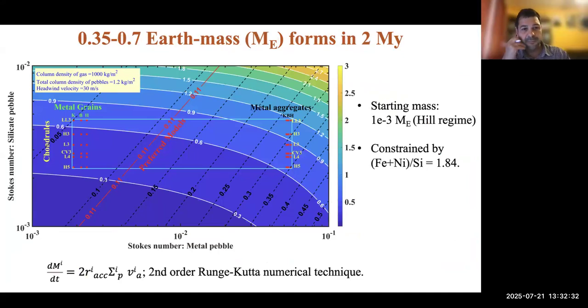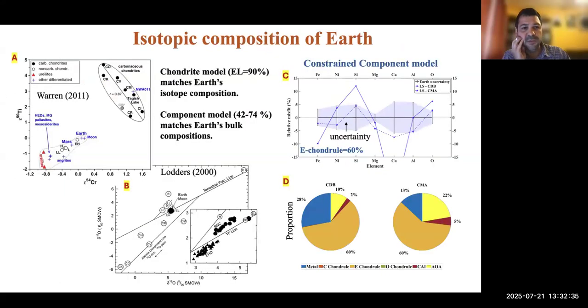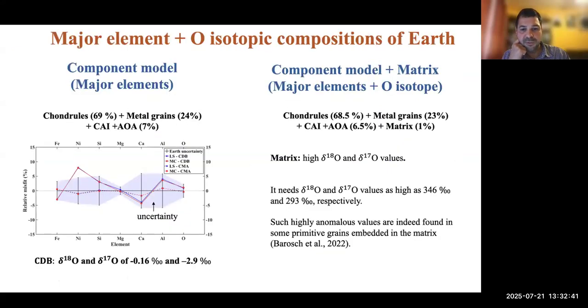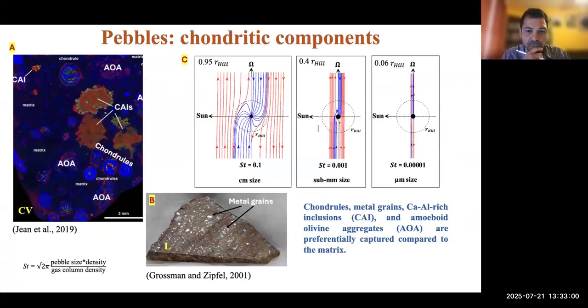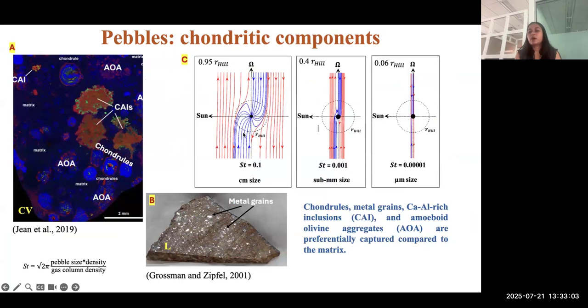One question. I think I missed one thing here. Your conclusion is that adding a little bit of matrix material to the Earth fixes the isotope problem, which is great. But as you were explaining before, I thought that you said that adding matrix did not fix the issue. So what's going on? When I start here, I say that matrix is not captured. I mean, other bigger pebbles or chondritic components are preferentially captured compared to matrix, right?